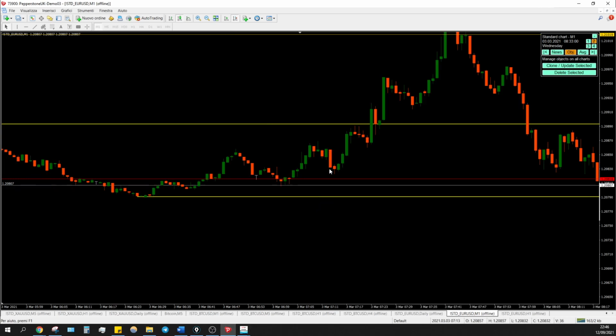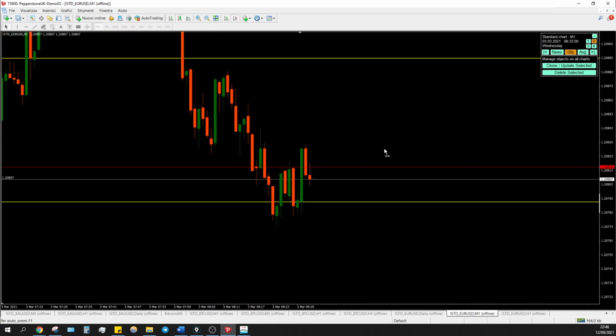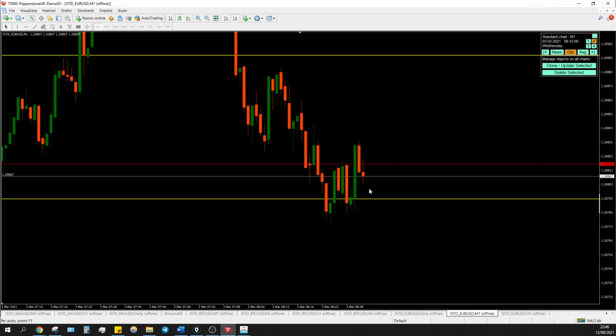This is one of my favorite candles, a double wick candle. Let's see slowly if we make a top wick and then we start flipping bearish again. I might enter with the stop loss over here.